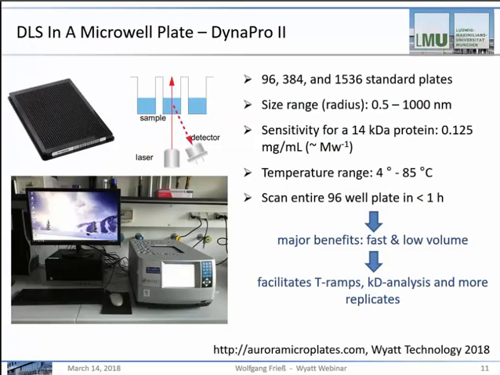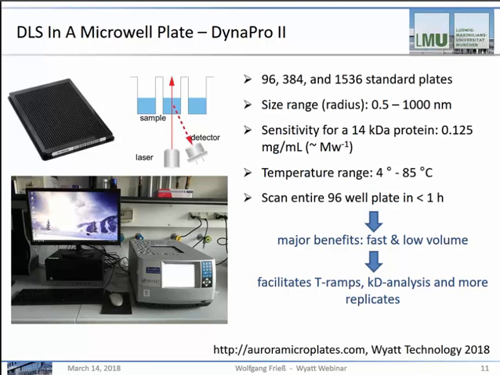What really helps us in that respect is a plate reader system, because with the plate reader system, we can analyze a much higher number of samples and replicates, because we require a concentration series of the molecule of interest.